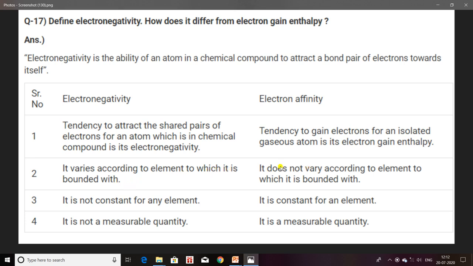On the other hand, electron gain enthalpy does not vary according to the element to which it is bonded. Electronegativity is not constant for any element; it depends on which element it is combined with. On the other hand, electron gain enthalpy is constant for an element. It is the same. Electronegativity is not a measurable quantity and electron gain enthalpy is a measurable quantity.